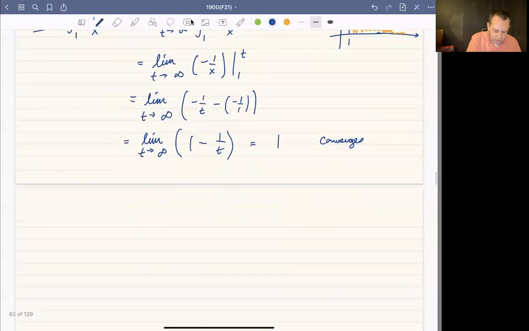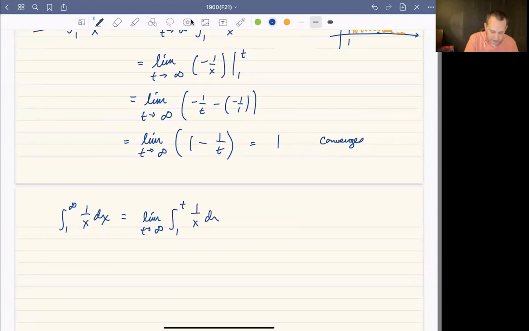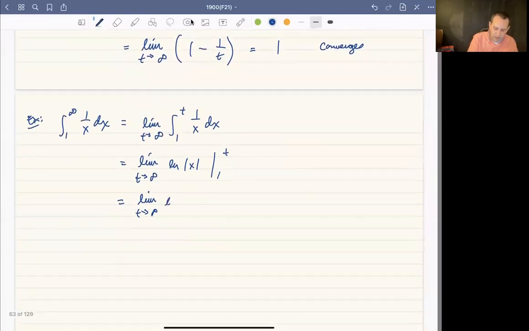Let's look at the integral of 1 over x. Same idea, write this as a limit. So this is the limit as t goes to infinity of the integral from 1 to t of 1 over x dx. And we know how to integrate this as well. This is going to be the natural log of the absolute value of x evaluated from 1 to t. And so that's going to be the limit as t goes to infinity of the natural log of t minus the natural log of 1.